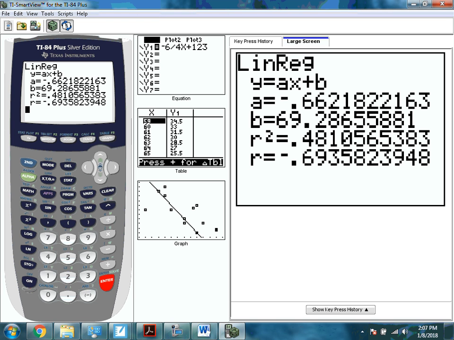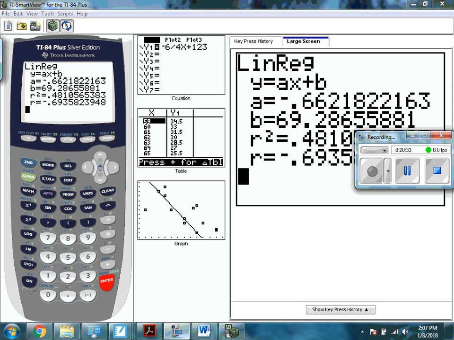So that means, as far as its ability to predict the number of steps, if we had someone come in here and tell us their height, it would do about a 70% job with predicting their number of steps. But what would help us is more data. If we asked 100 kids their height and the number of steps, perhaps we could get better data here. So that is how you can find the R value given the graphing calculator.